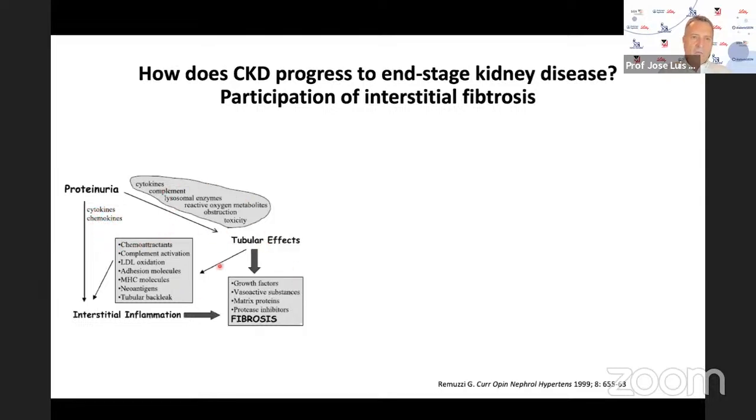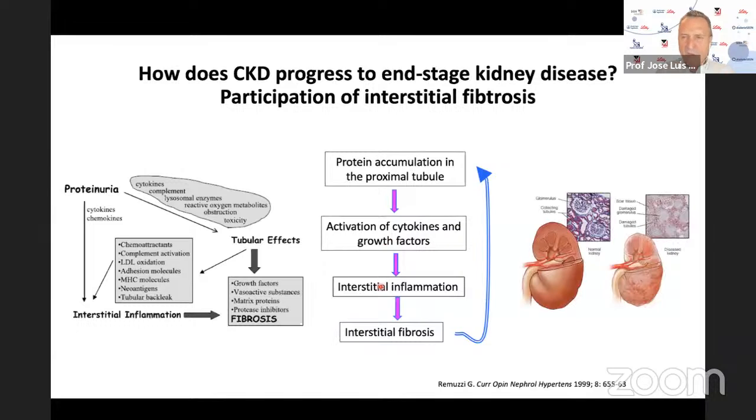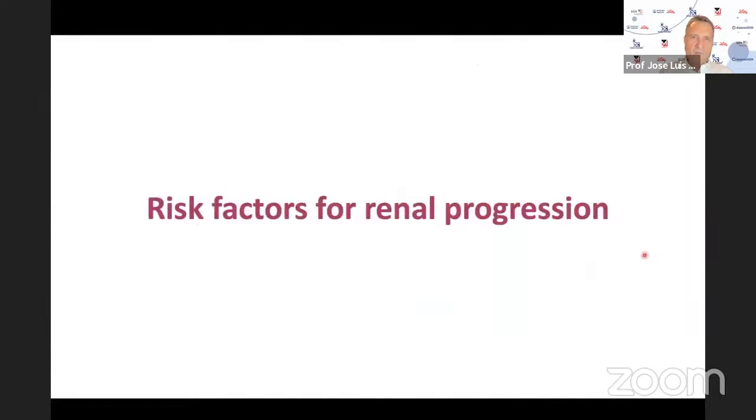At the end, this inflammation leads to tubular fibrosis. The protein accumulation activates cytokines, growth factors, interstitial inflammation, and interstitial fibrosis, and leads to a small kidney with chronic kidney disease, glomerular scarring, glomerular fibrosis, interstitial fibrosis, and tubular atrophy. So this leads to a decrease in glomerular filtration rate, a decrease of the surface of glomerular filtration, and interstitial fibrosis.